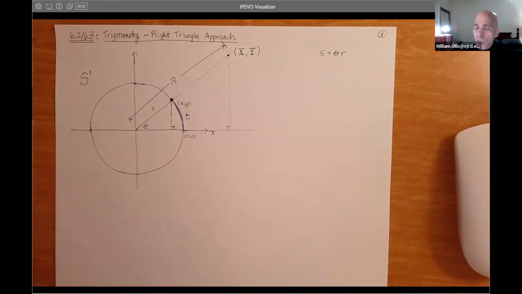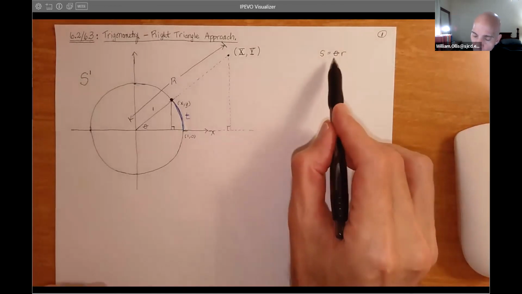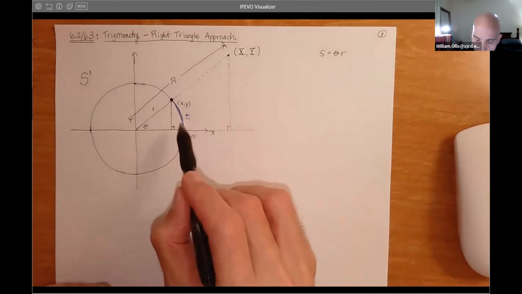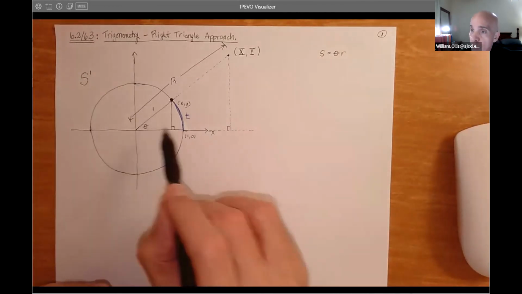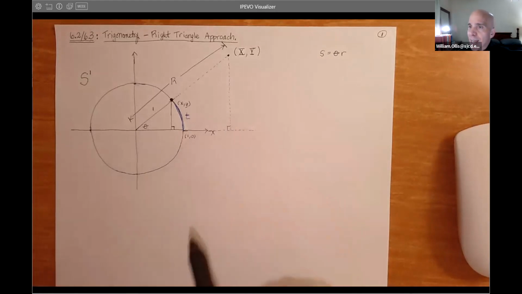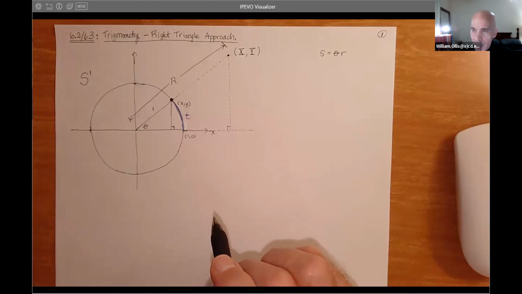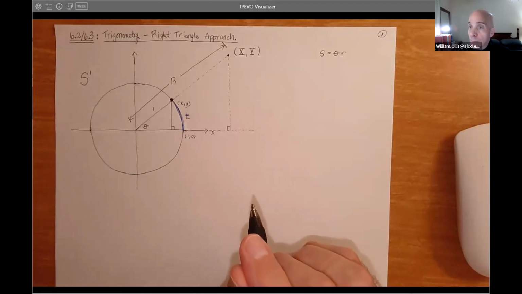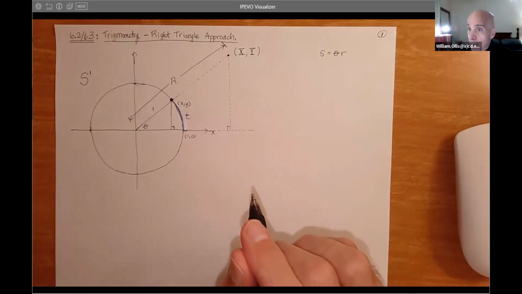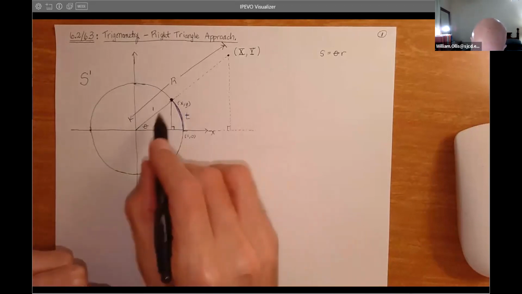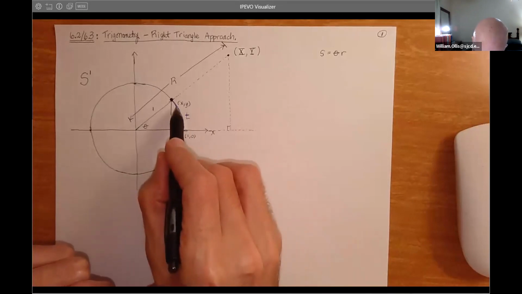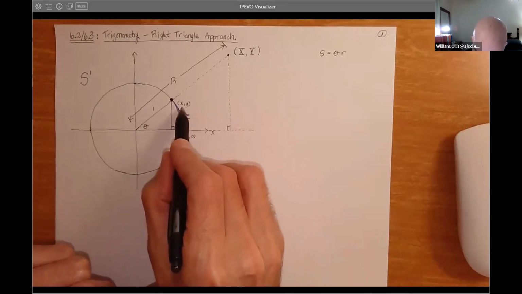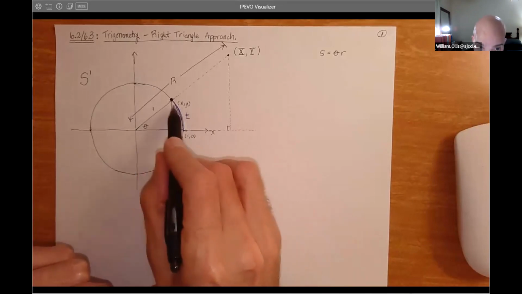So what we want to do now is think of a way that we can associate the theta with different circles, but not have to worry about changing anything, in the sense that theta will work for any size circle. And how do we do it? We use the triangles. So first, what I want to see here is that for this particular terminal point, we have an imposed right triangle.